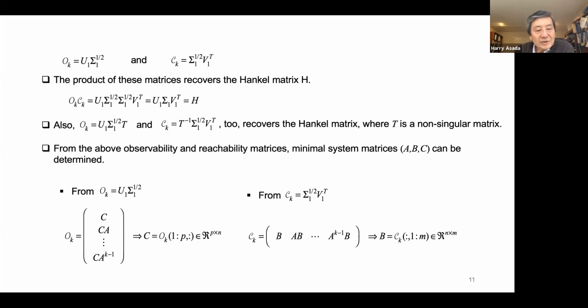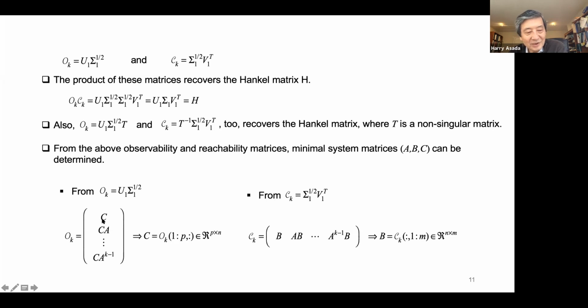So C is basically extracted from this, O_K, U1 sigma 1 half. You can just take this block, and I just use the MATLAB type notation. You take the first 1 to p row vectors from this matrix, and the column side is all of them. So just this mark. I hope this one's clear.